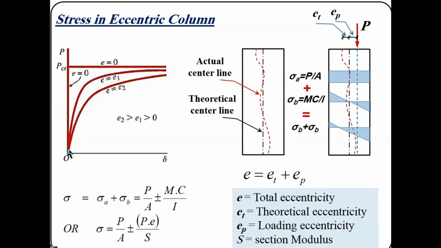But if there is any eccentricity when we apply the load, the member will start bending in the lateral direction due to this bending moment, and then ultimately we approach the failure load. So for a column with eccentricity, the failure stress will always be less than the value corresponding to the ideal column. The more the eccentricity, the lesser the failure load, and the more the deformation at any load value.